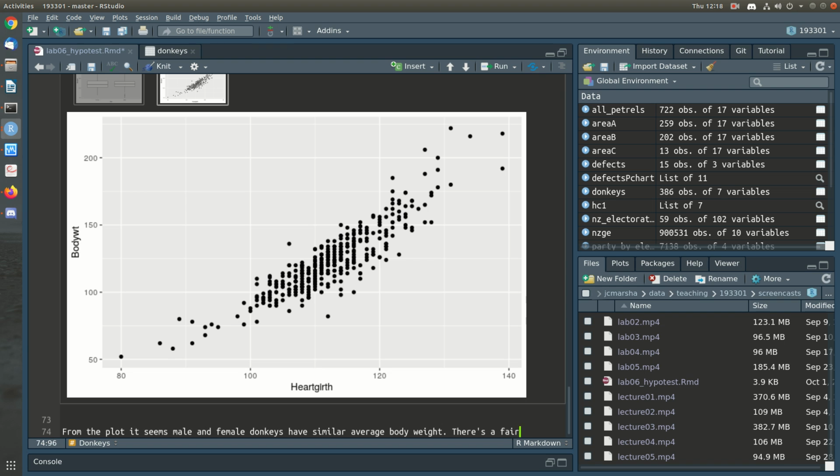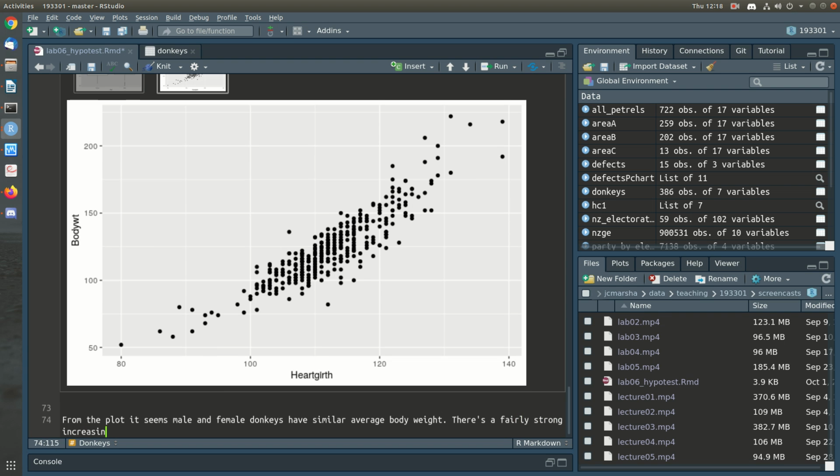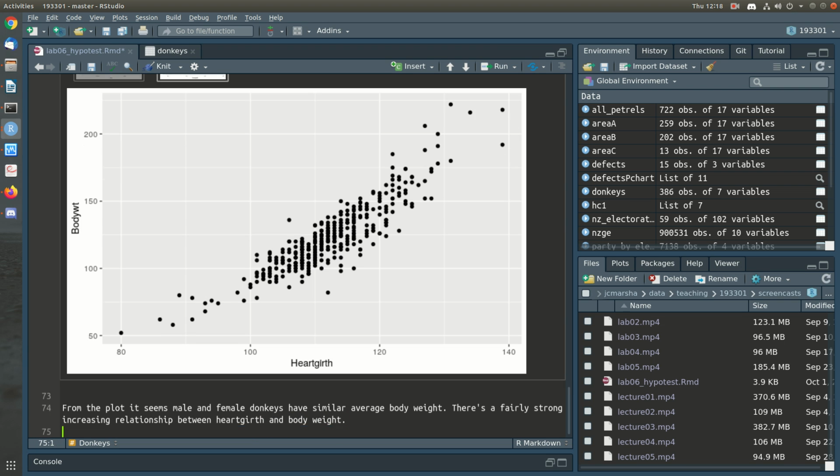There's a fairly strong increasing relationship between heart girth and body weight. Okay.